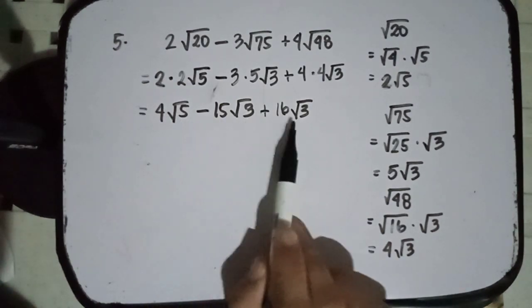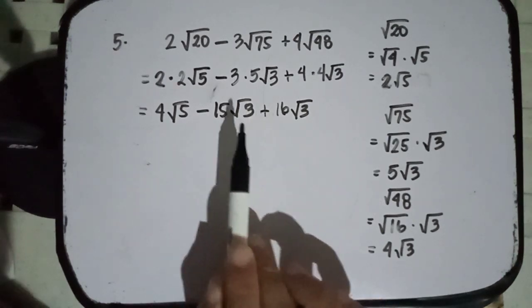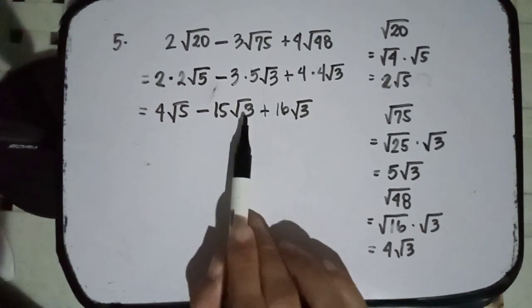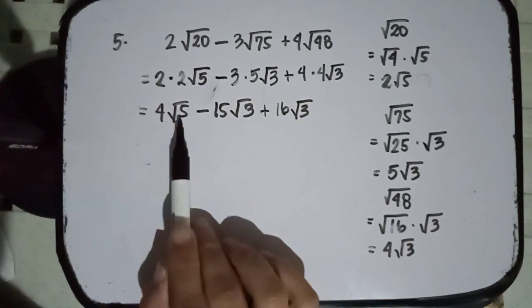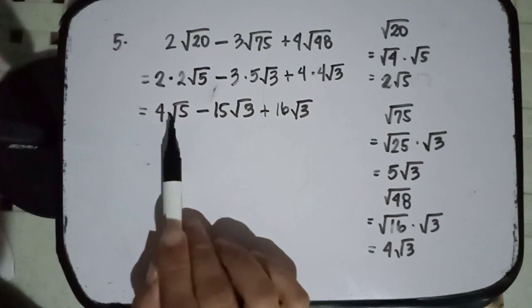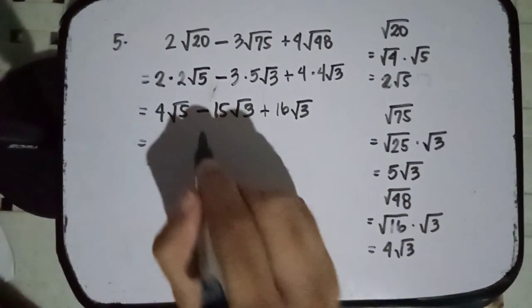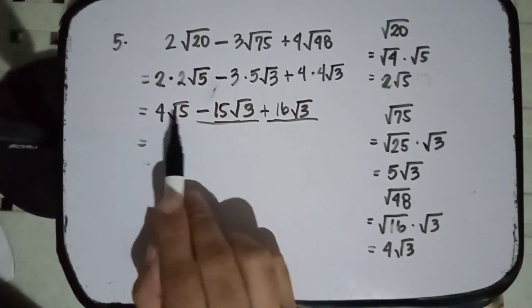Tapos, yung dalawa ay may square root of 3. So, ang mako-combine lang is yung may square root of 3 because they are the same radicals. Okay? Ito, hindi pwedeng pagsamahin kasi iba yung square root of 5 sa dalawang ito. Okay? So, ito lang ang i-combine natin. Okay? Hindi kasama to kasi magkaiba eh. Square root of 5 siya.